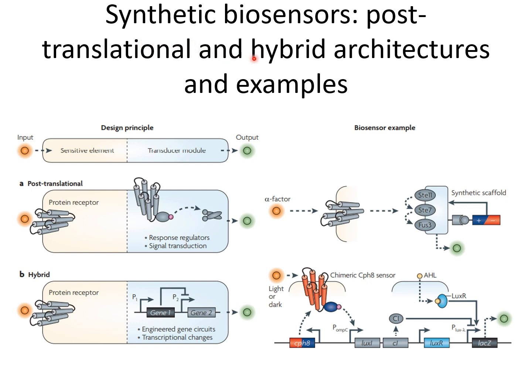As you can see here, we have the third type of the synthetic biosensor, which is the post-translational biosensor. And we have also the hybrid architecture, which involves different types of biosensor modules linked together. Starting with the post-translational biosensor, we talked about the sensitive element, the transducer element of a biosensor, which is the first design principle.